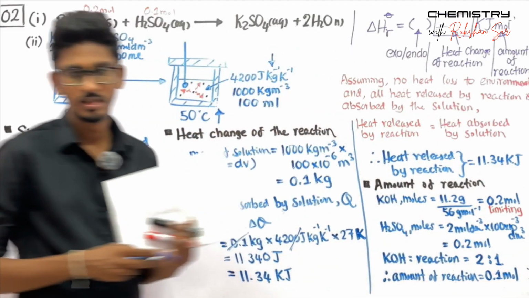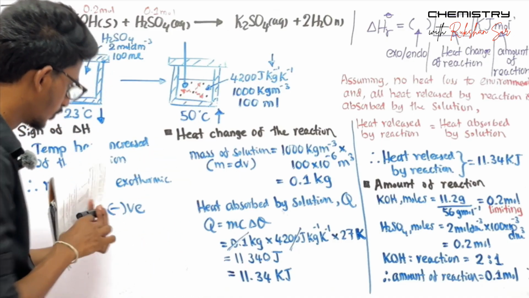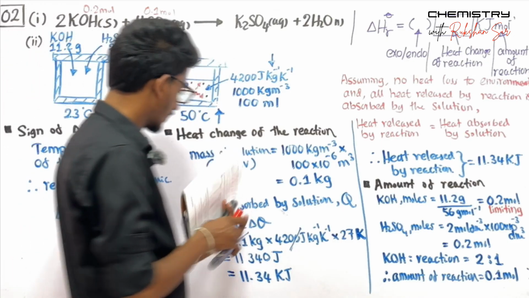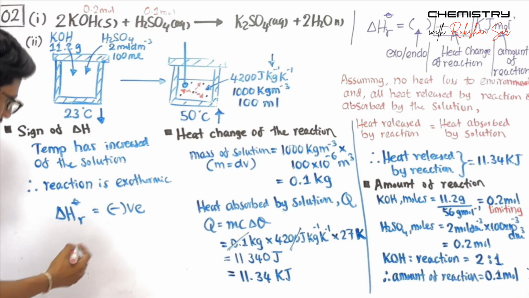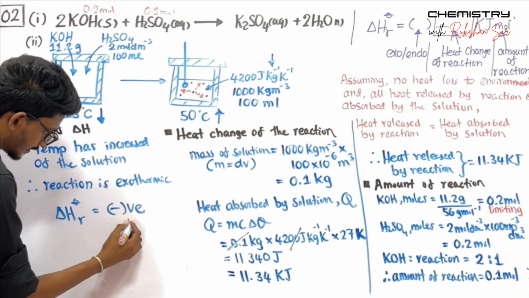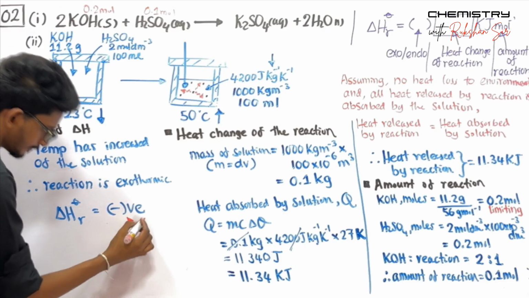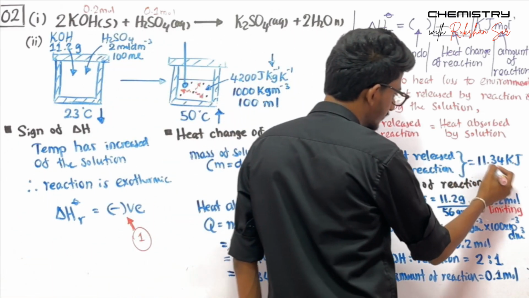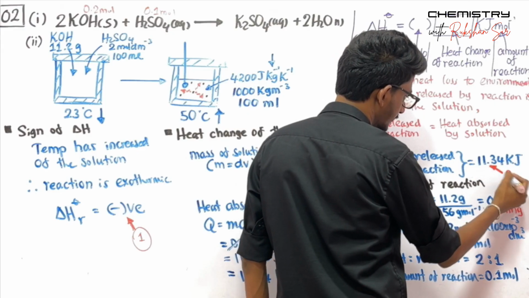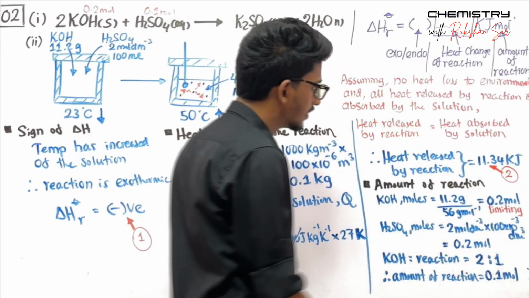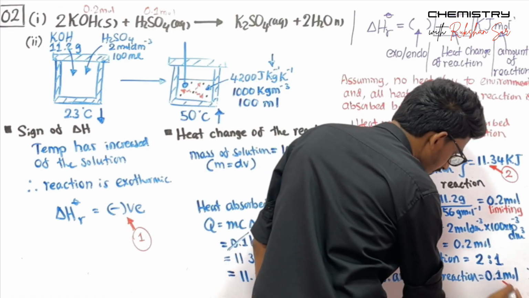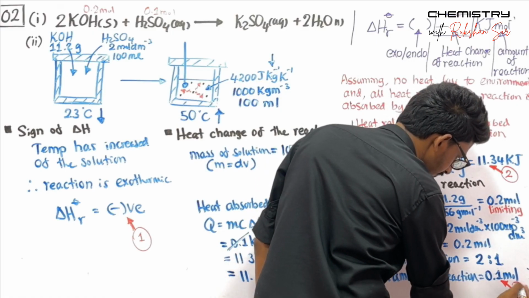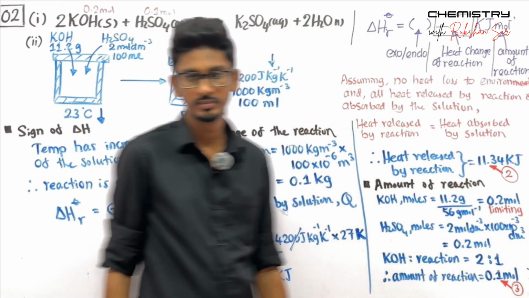Okay, so now we have done with the sign of delta H, we have done with the heat released by the reaction, and we have done with the amount of reaction as well, right?